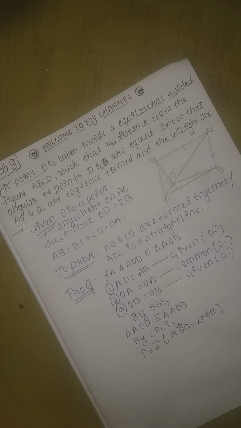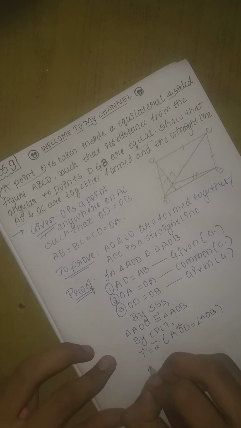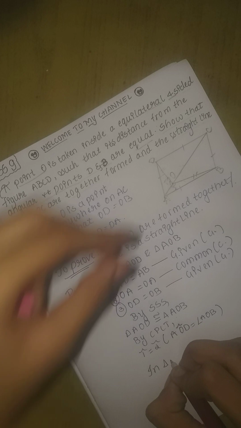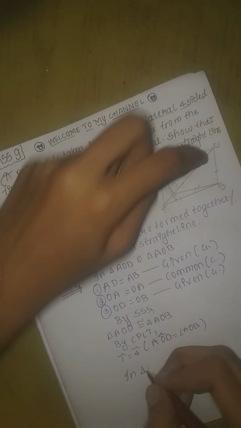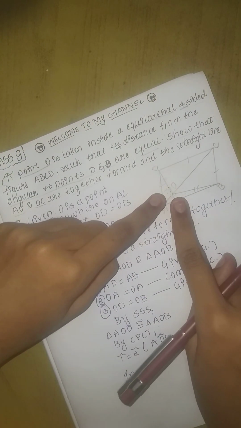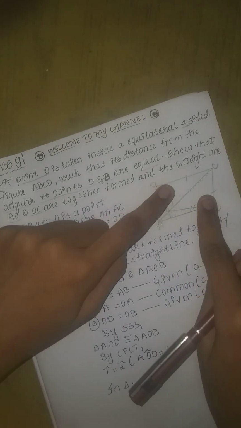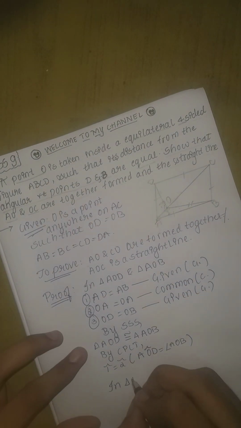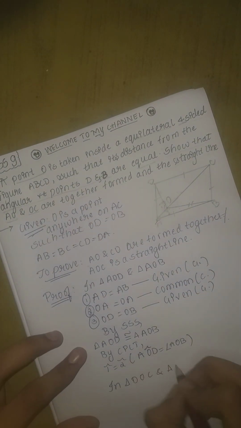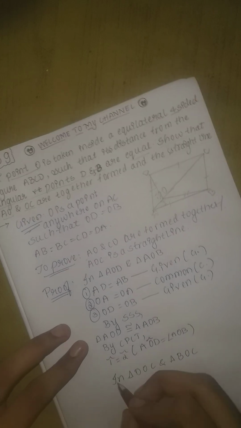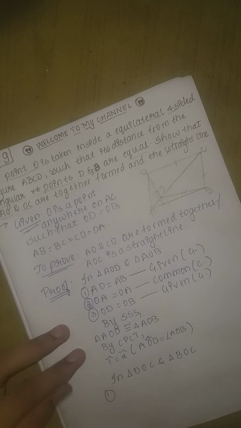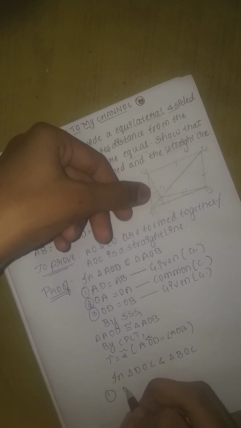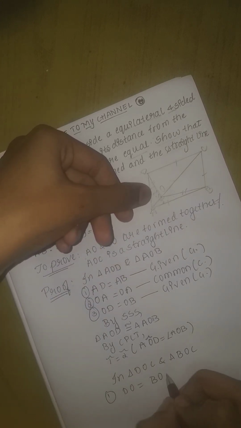Okay, so in triangle, we will be taking these two triangles now. We are done with these two. We got angle 1 equals angle 2. Now we will be taking these two, so it is triangle DOC and triangle BOC. Right? So first condition, we will write the same, DO equals BO. Right? This is given.